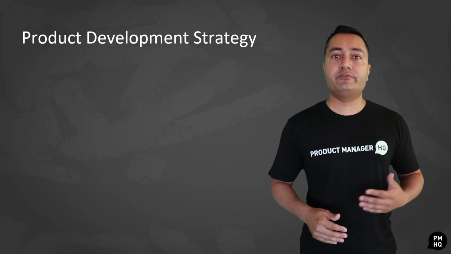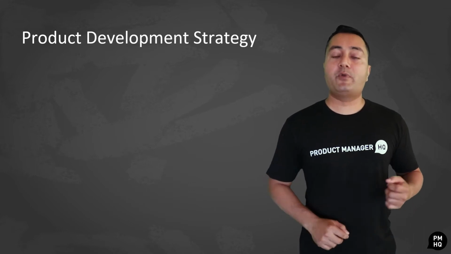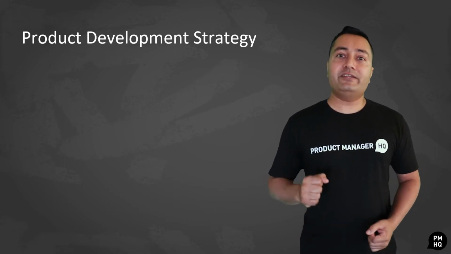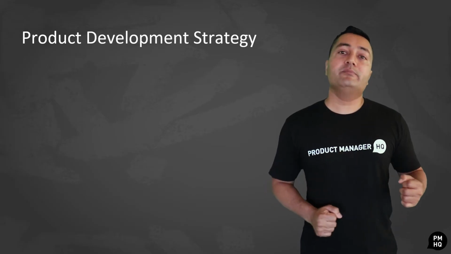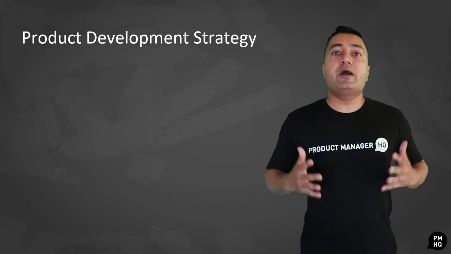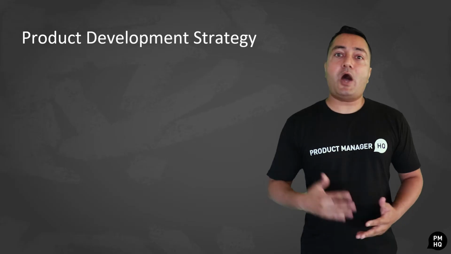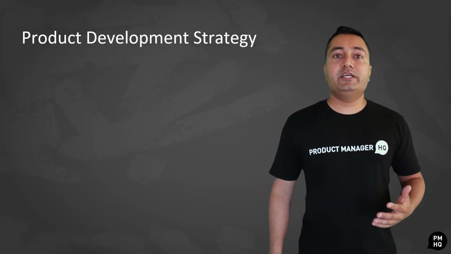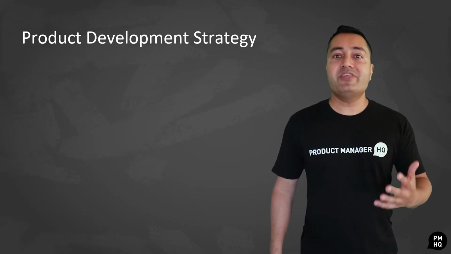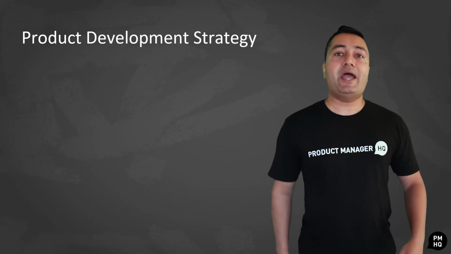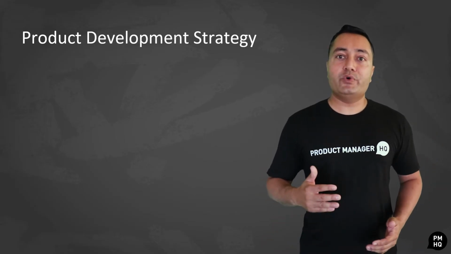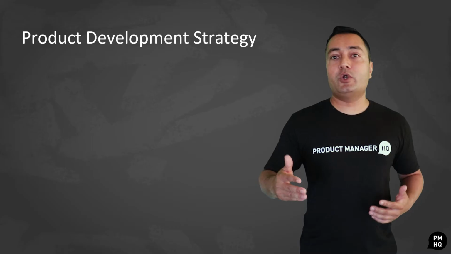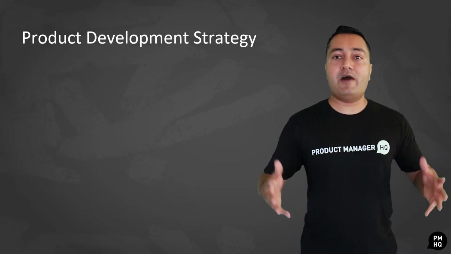Before we break down the different approaches that can be used in product development strategy, let's take a closer look at the different elements that make up product development strategy. In product development, a strategy is made up of 3 main things: vision, roadmap, and a plan. Vision refers to a statement that describes where you see your product in the next 3 to 5 years.